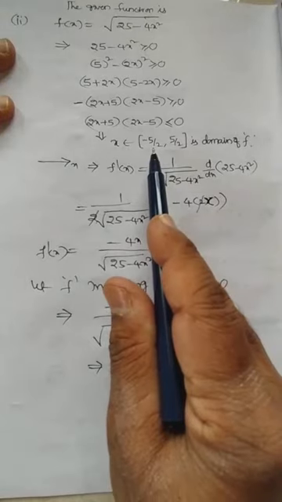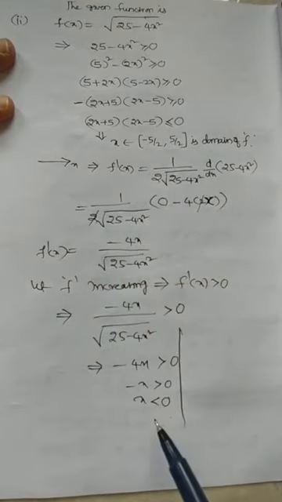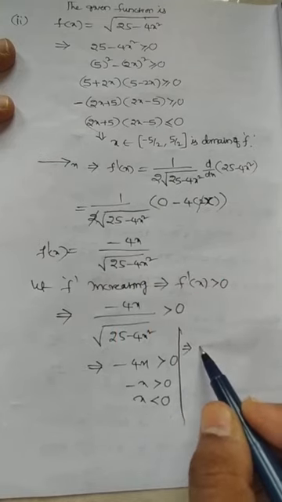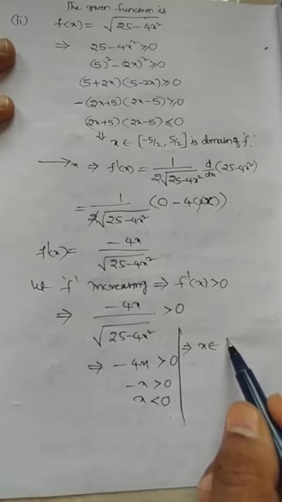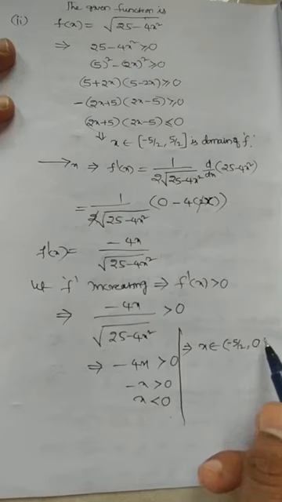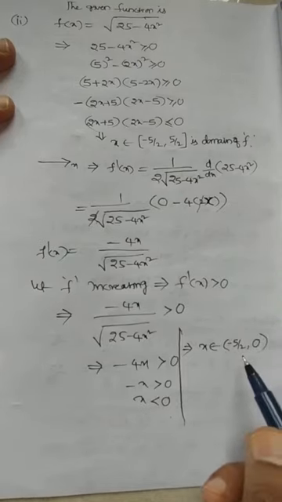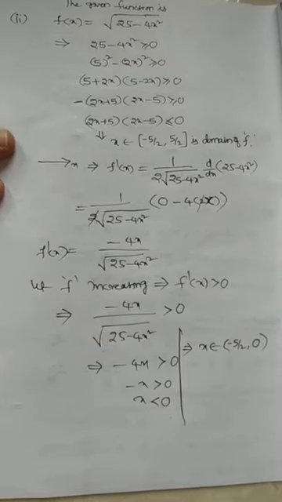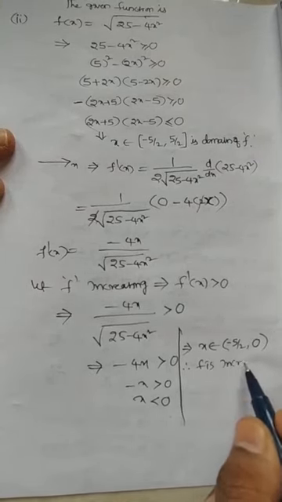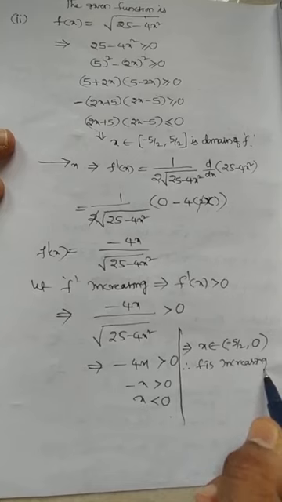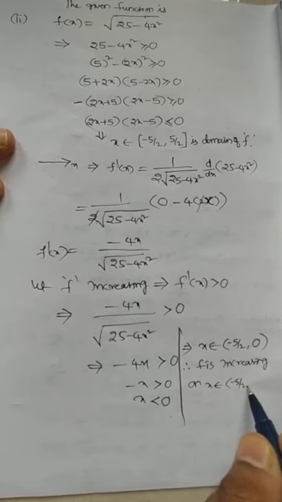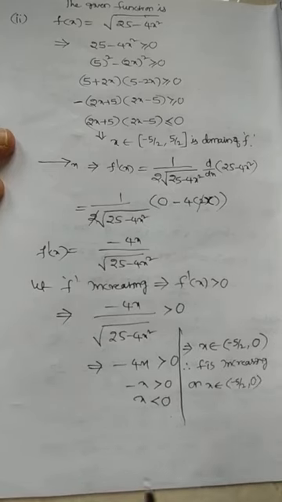In the interval minus 5 by 2 to 5 by 2, x is less than 0, so x belongs to minus 5 by 2 to 0. Therefore f is increasing on x belonging to minus 5 by 2 to 0.